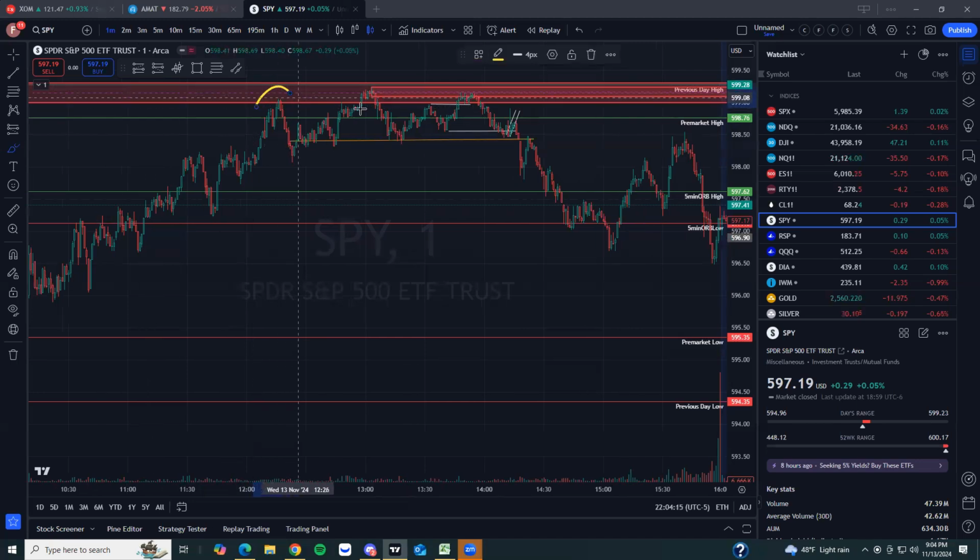I showed you before, you had head and shoulders. There was your neckline break that I took the trade on. This is an afternoon power hour trade, which I do take sometimes if I see the right setup. If you notice what price action did once it broke here, let's try that again.